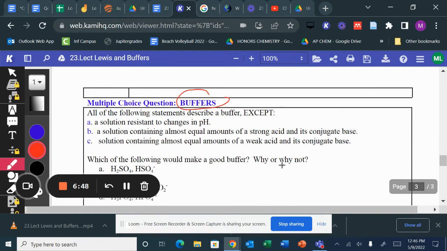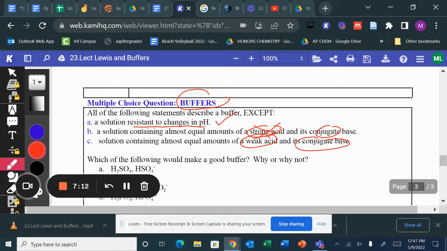Okay, so the bottom line. All of the following statements describe a buffer except: does a buffer resist change in pH? That's correct. Is a buffer a solution containing almost equal amounts of strong acid and its conjugate base? No, you can't have a strong acid because the conjugate base will be too weak. A solution containing almost equal amounts of weak acid and its conjugate base?